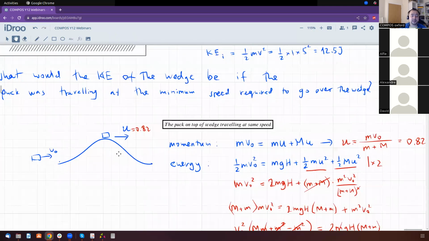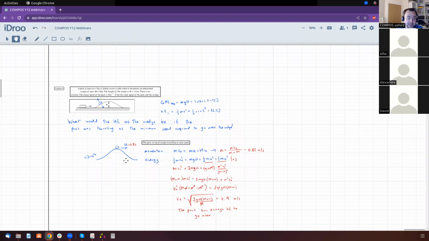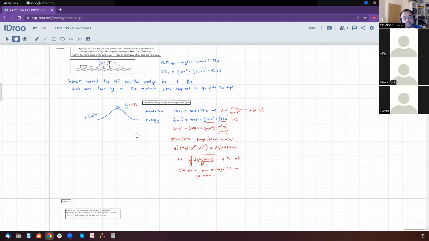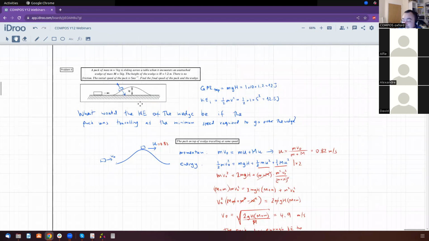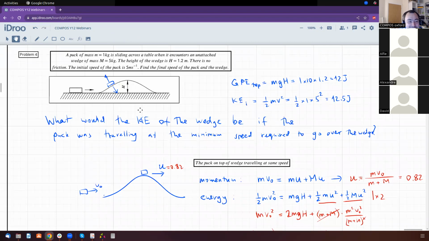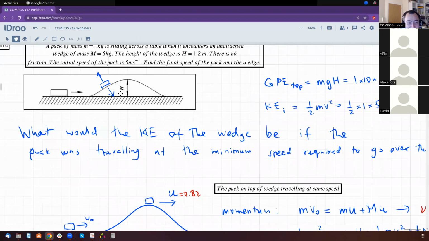Right. So we have established that it has enough energy to go over, and that makes life easier, because what happens is, first the wedge accelerates, but then as the wedge goes down, it decelerates.